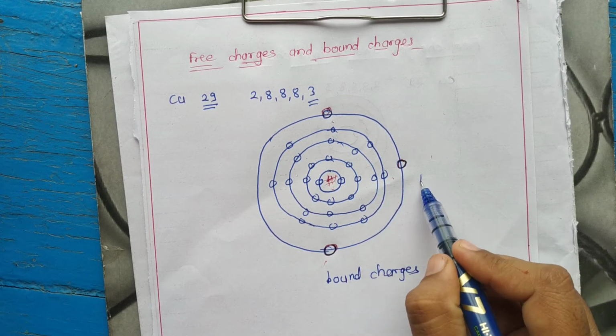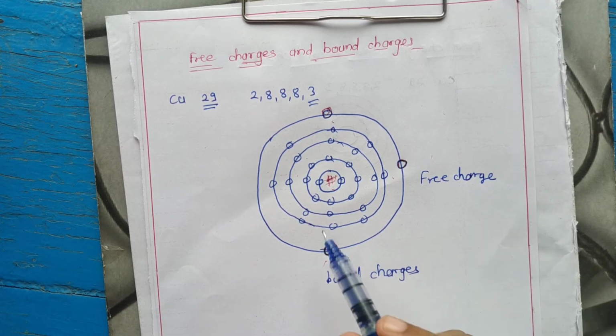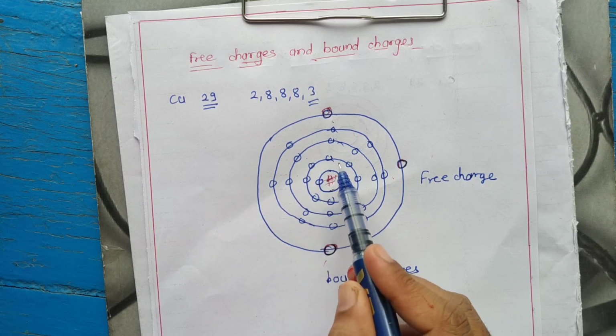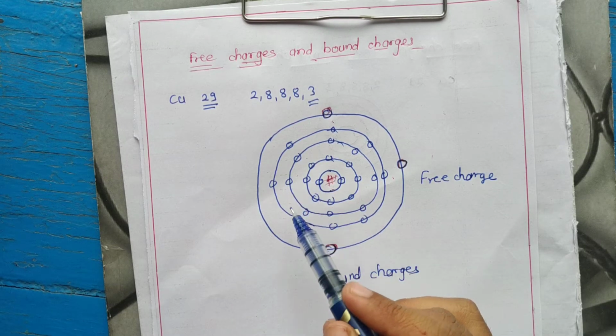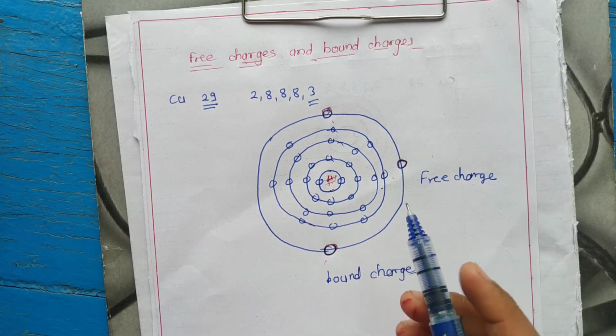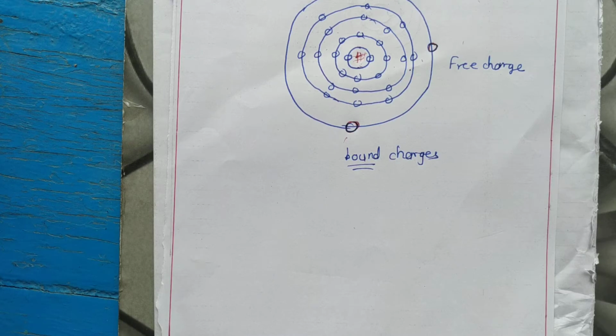These charges are called free charges. And the nucleus consists of positive ions, and the electrons of the inner shell remain held in their fixed position. These immobile charges are called bound charges.